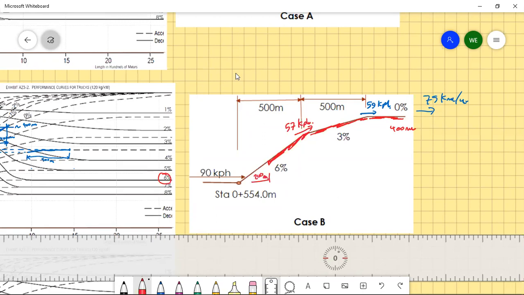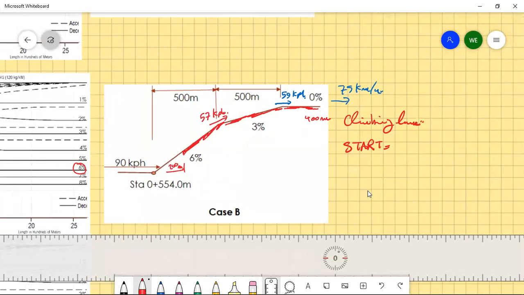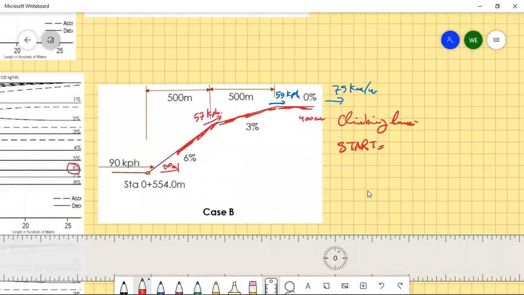So the climbing lane start equals 0 plus 554.0 plus 200, so this is going to be 0 plus 754.0.